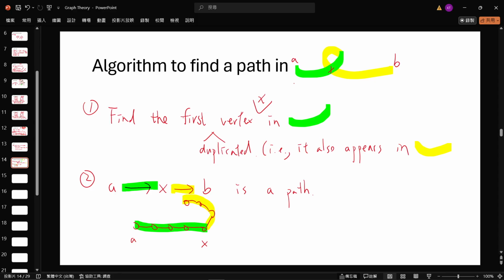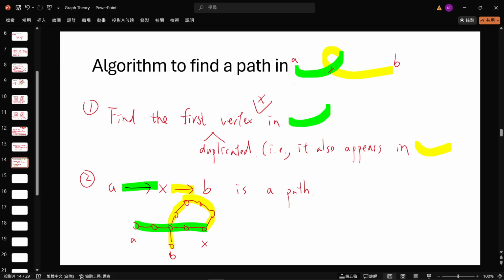But I said that let's assume that this is not a path. So it must be the case that I then visit some vertex on the green one to reach B. This is the only reason that this is not a path. But then, can you see the contradiction?